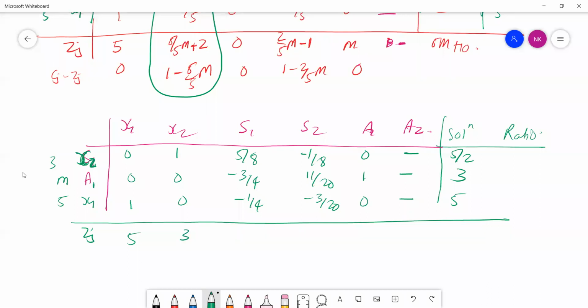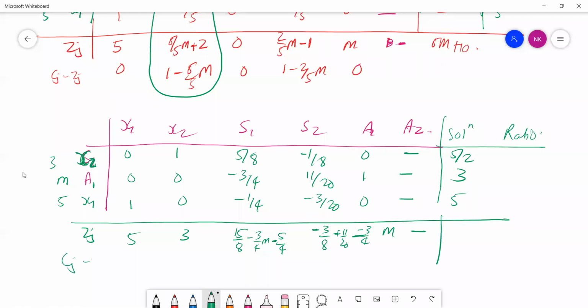And all these things will be 15 by 8 minus 3 by 4 M minus 5 by 4. This will be, I don't know, I need to have the calculation. So I hope you can just do the calculation of the entire equation. So it will be minus 3 by 20. So minus 3 by 4. And this will be nothing but M and then 0 and something over here.